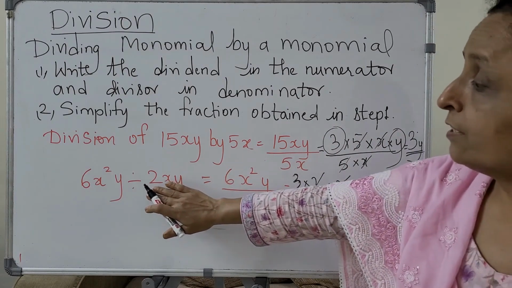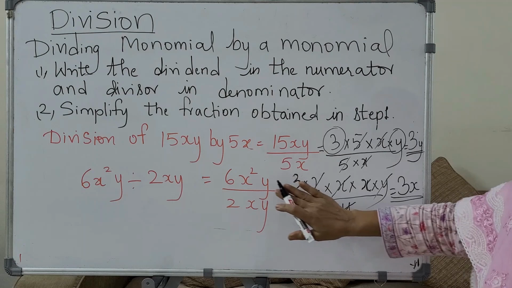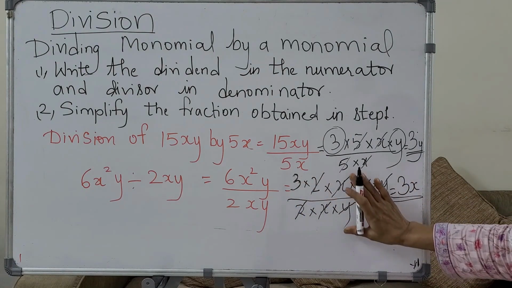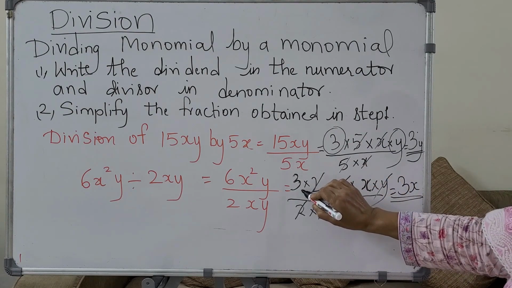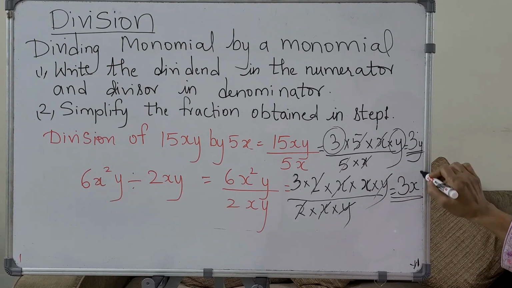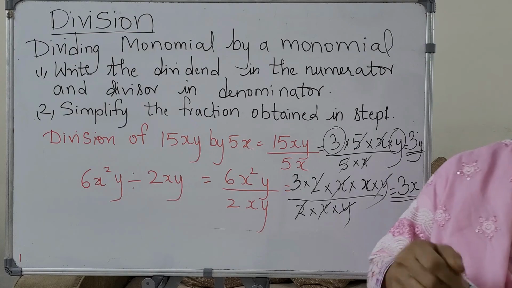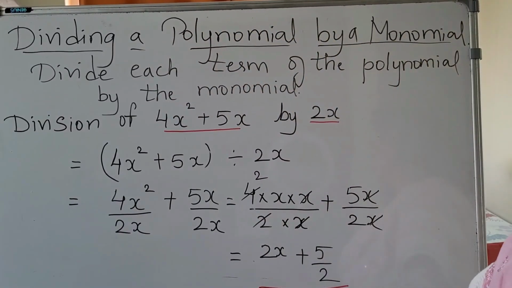Same way for this numerator and denominator you have to arrange first, then find the factors, and the ones which are common will get cancelled, and what is not getting cancelled, 3x has to be written as 3x.